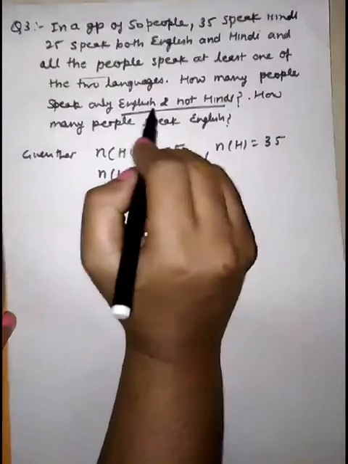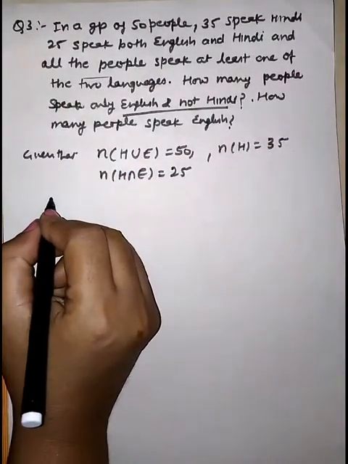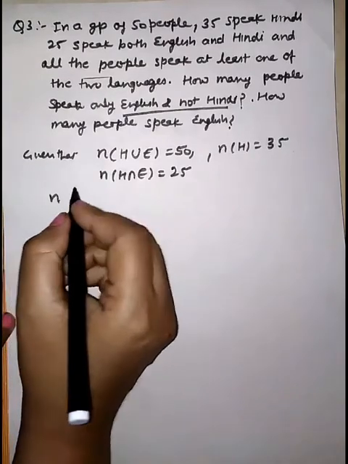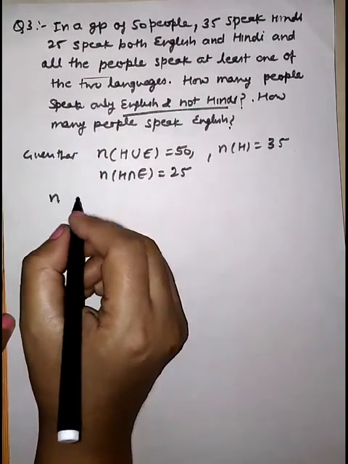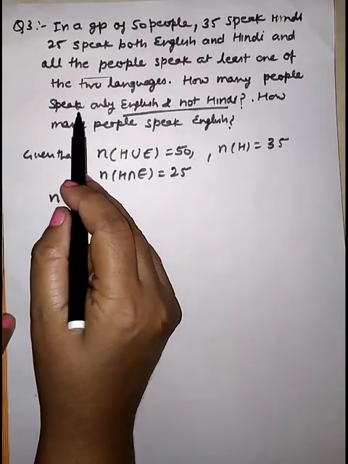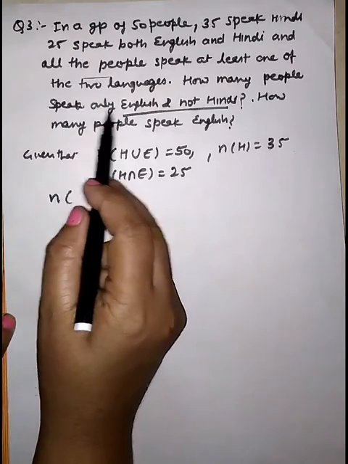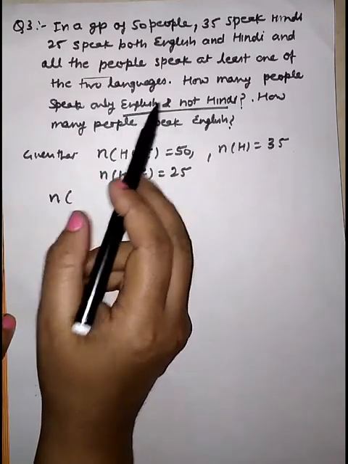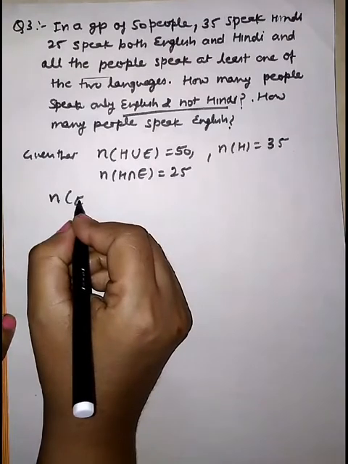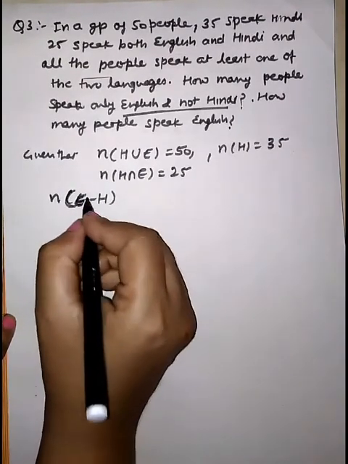How many people speak only English, not Hindi? It means the question wants us to find the people who are speaking only English, not Hindi. It means n(E minus H).